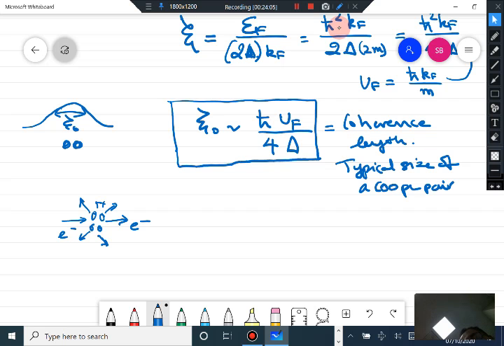The second incoming electron has to approach it, and then that gives the distance which is the coherence length. Okay, so they have to be within the distance of coherence length.